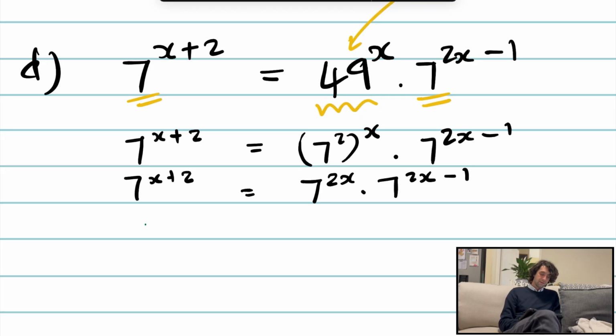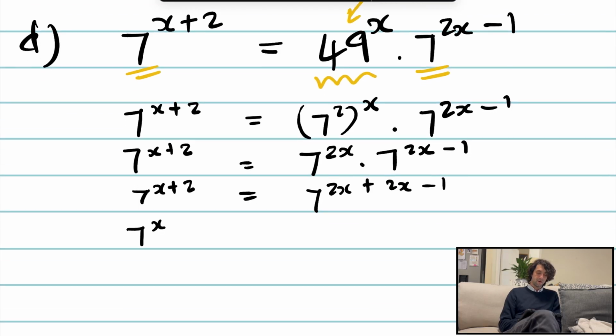Very quickly, what that looks like is 7 to the power of x plus 2 is equal to, now I'm going to take these exponents and add them together because they are being multiplied by each other. So what I get is 7 to the power of 2x plus 2x minus 1.